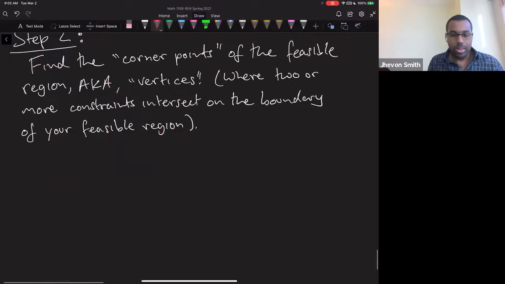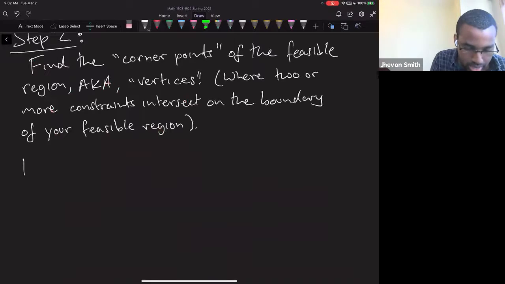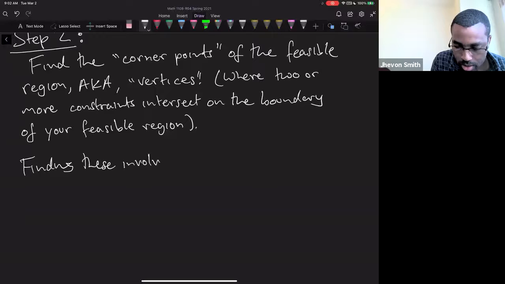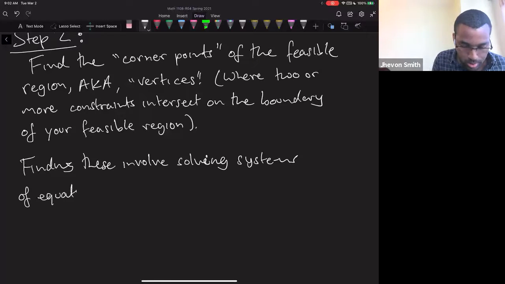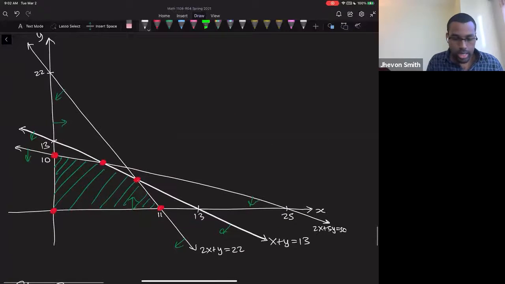Now, finding these involves solving systems of equations, which is why I needed you to review systems of equations. Okay, so let's say I want to label these so we know what we're looking for.